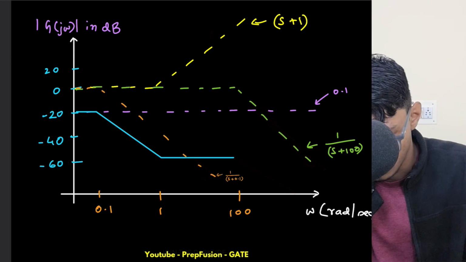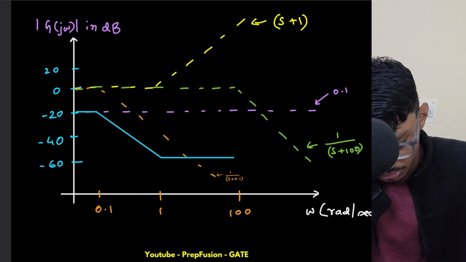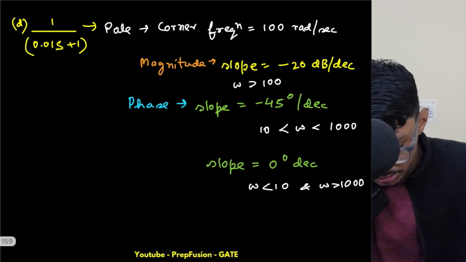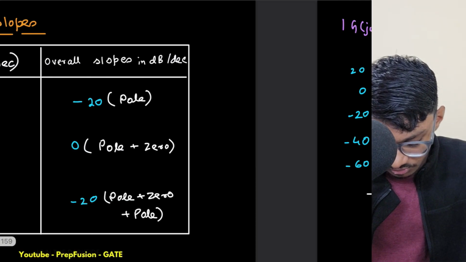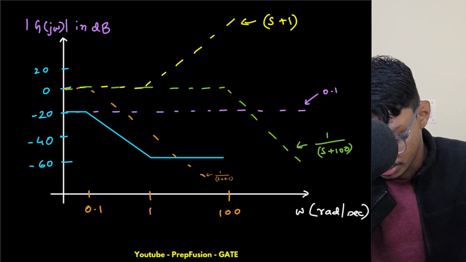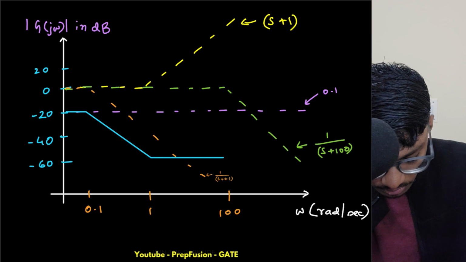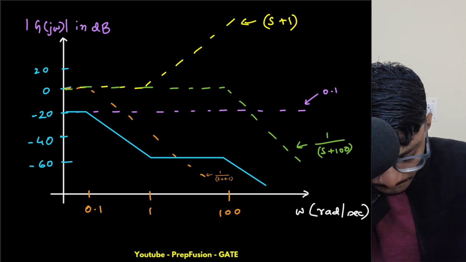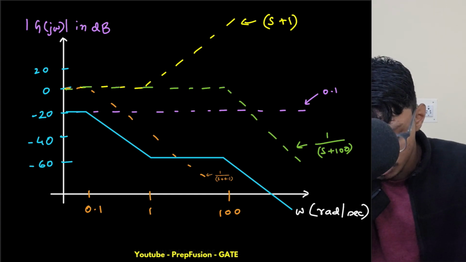So obviously my slope will reduce here. Let me check at omega equals 1 what my magnitude is, whether it will cross the 0 dB line or not. I haven't even drawn the 0 dB line. It is starting from minus 20 dB only, so it doesn't matter. So here it will be something like this after this.